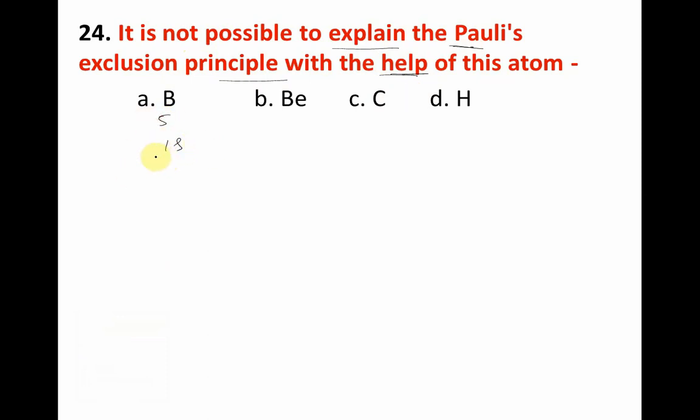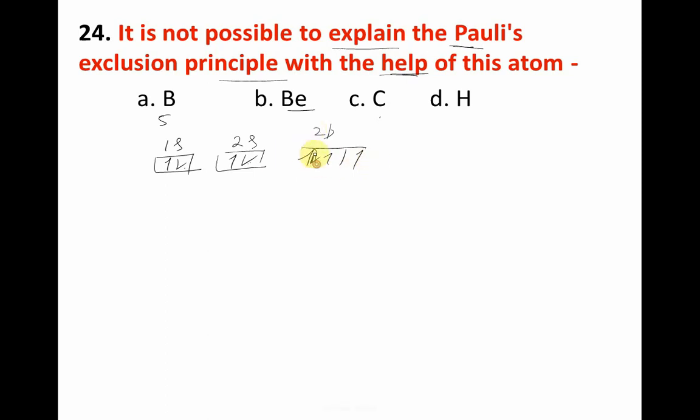So 1s orbital is there, 2s orbital is there, then 2p orbital is there. So with respect to boron, 1, 2, 3, 4, 5, means Pauli's exclusion principle is actionable. Beryllium, for beryllium 1s2 2s2, for carbon 1s2 2s2 2p2, like this we should write.